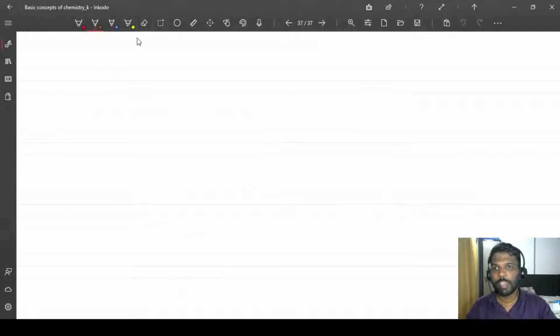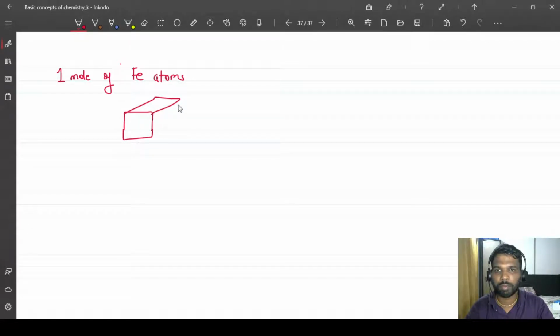Further, if I say 1 mole of iron atoms, right? There is one block of iron whose weight is, I'm taking this purposely, 56 grams.